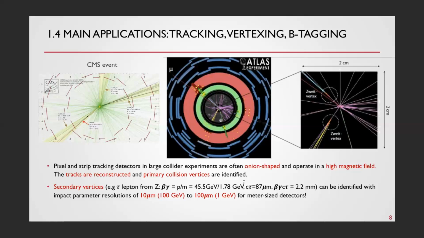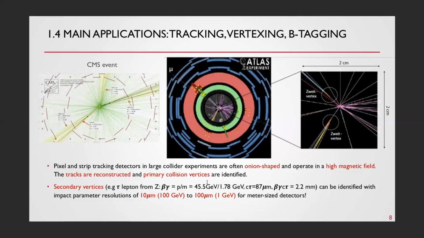Now at rest, the c tau of the tau lepton, so the lifetime of the tau lepton in its rest frame multiplied with the speed of light, is 87 microns. Let me start over.